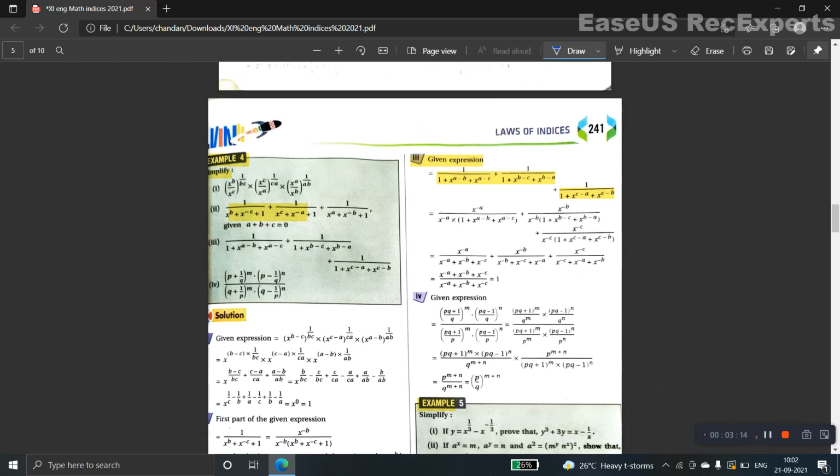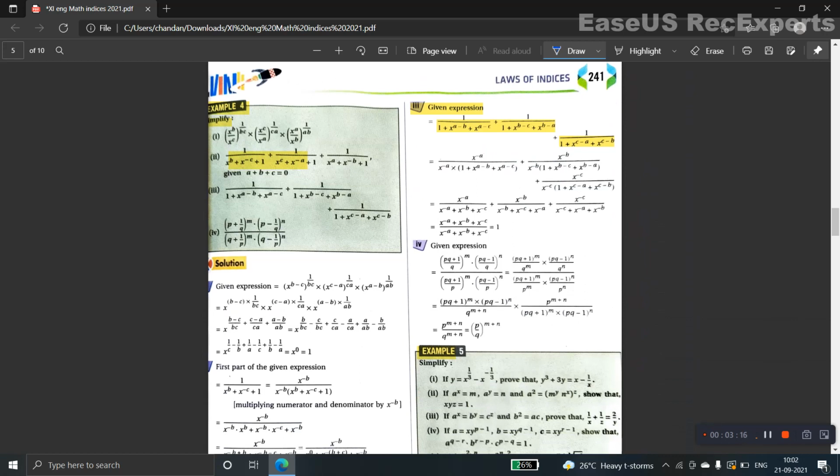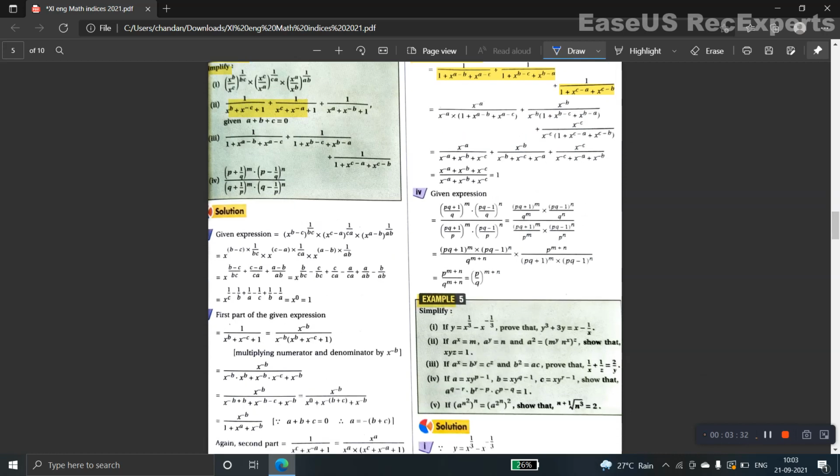I'll go to the next page. These are some important examples. You see Example 4 here, there are some problems of simplification, just simplification using the rules. For your convenience, I just express one or two of them.